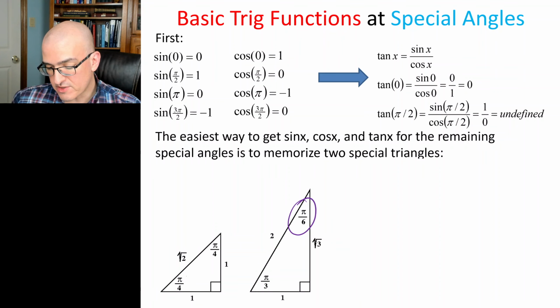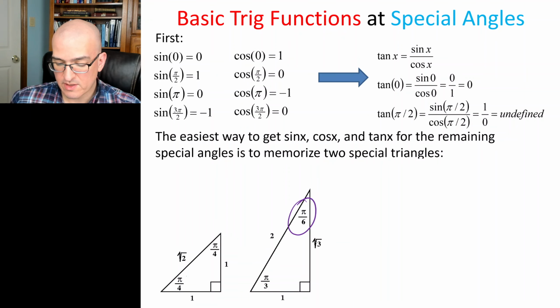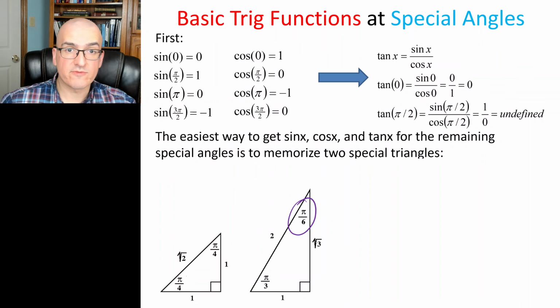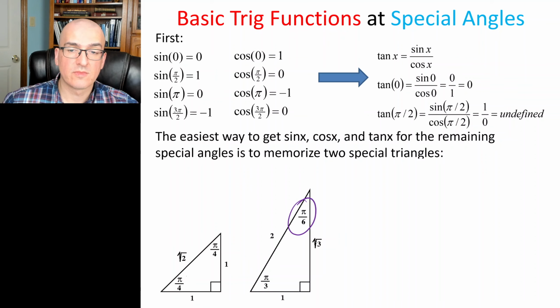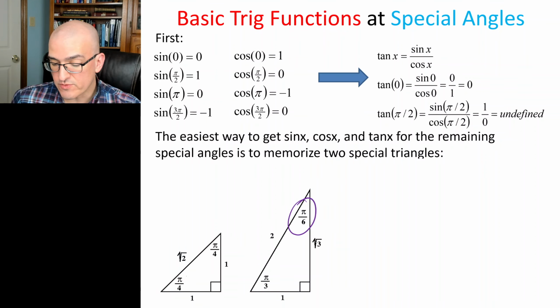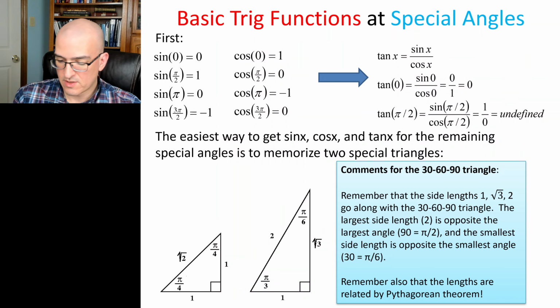I don't want to get into the geometry of it, but if we choose that side to have a length of 1, then the other side that's opposite from a non-right angle is going to be the square root of 3, and then Pythagorean theorem will tell us that the hypotenuse is 2. So we memorize this triangle as well, and then we can get sine, cos, and tan of pi over 3 and pi over 6, or 60 degrees and 30 degrees, using SOHCAHTOA.